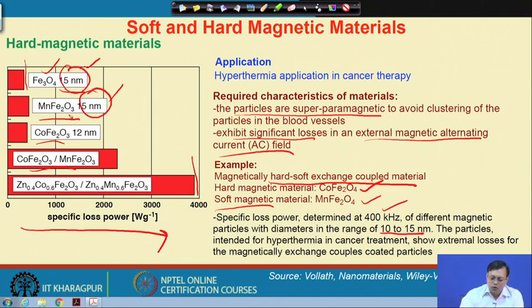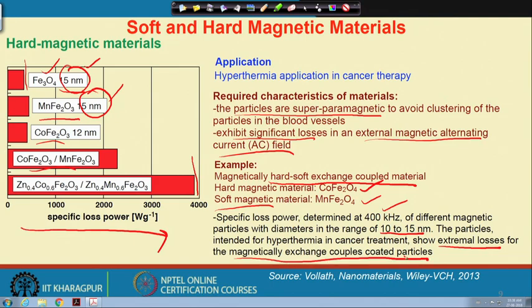So, with a very small particle size we can reach very hard magnetic properties with very high losses and magnetic exchange coupling in a coated particle. These are some of the very large and wide application areas of this hard magnetic material.